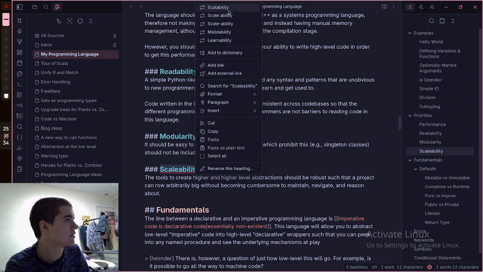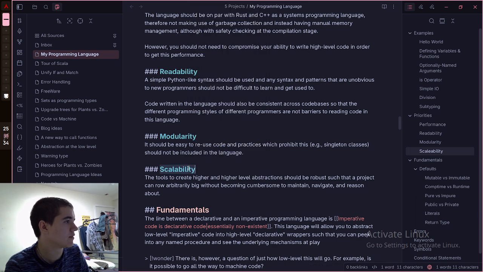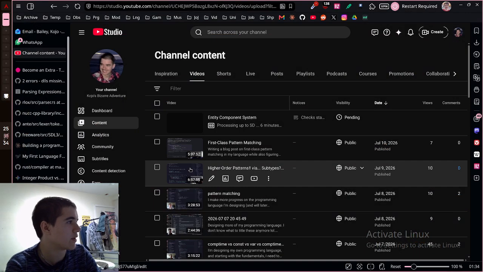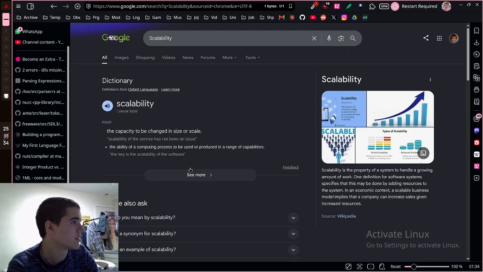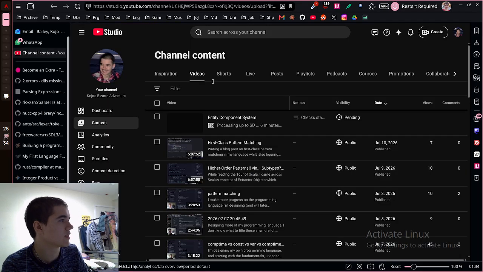Scalability. Is that what I think it is? It is, okay. What's this?